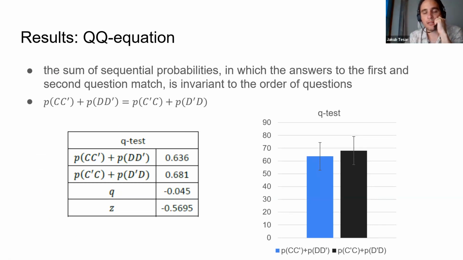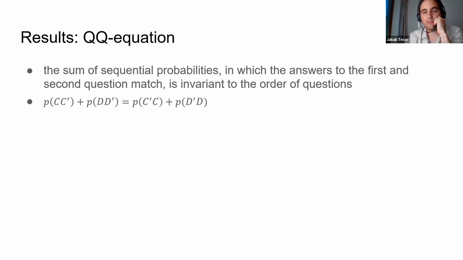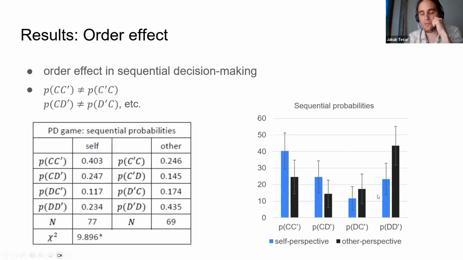What it means is that this blue one plus this blue one has to be equivalent to this black one plus this black one.